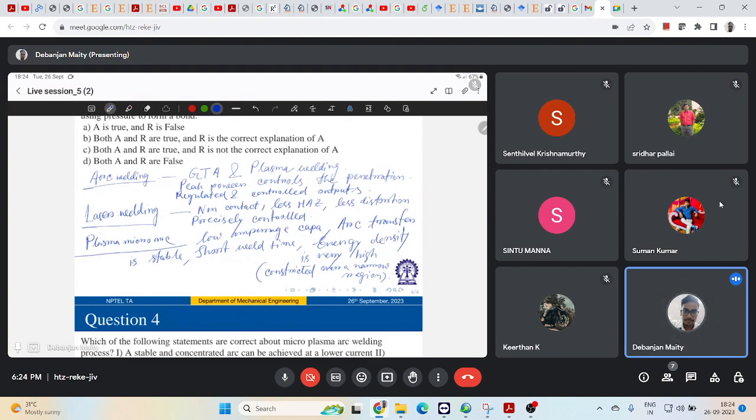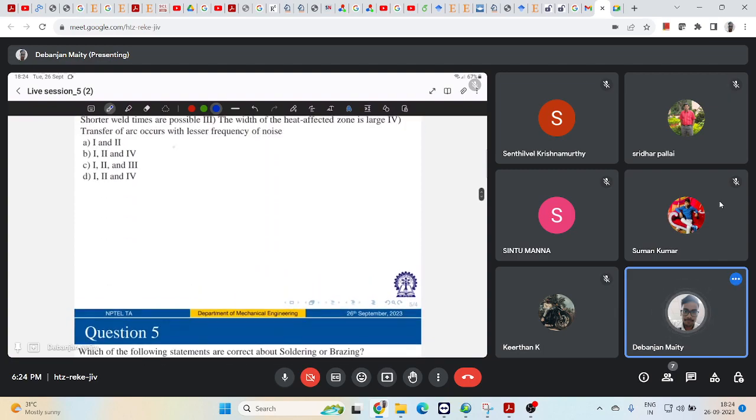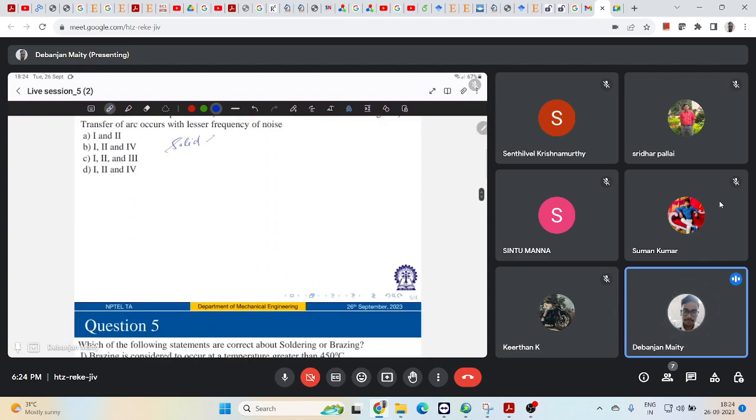Now this is fusion microwelding. Then you have solid state microwelding. What is there in solid state bonding? Here you have no melting of material.